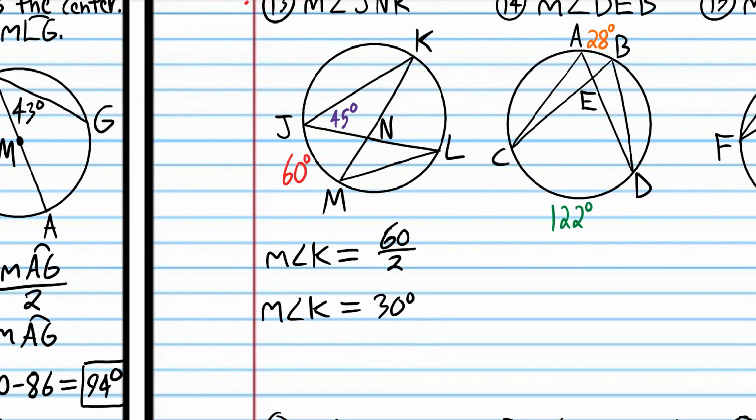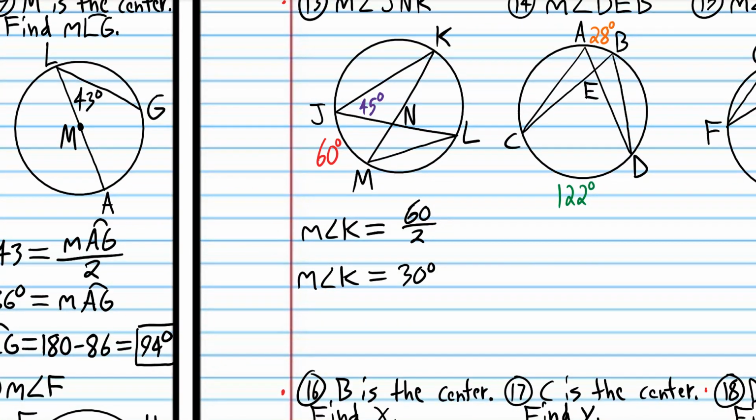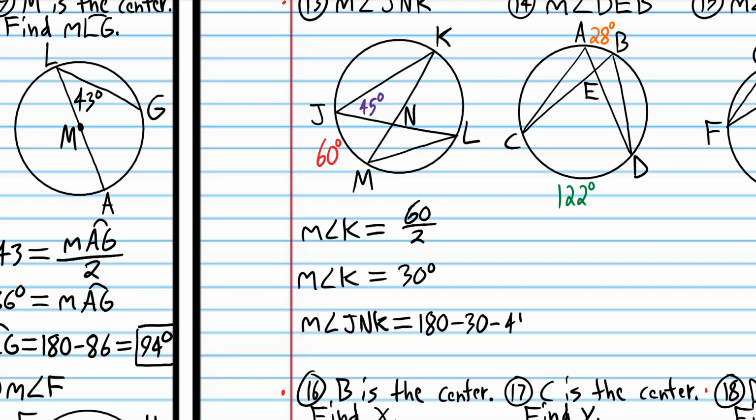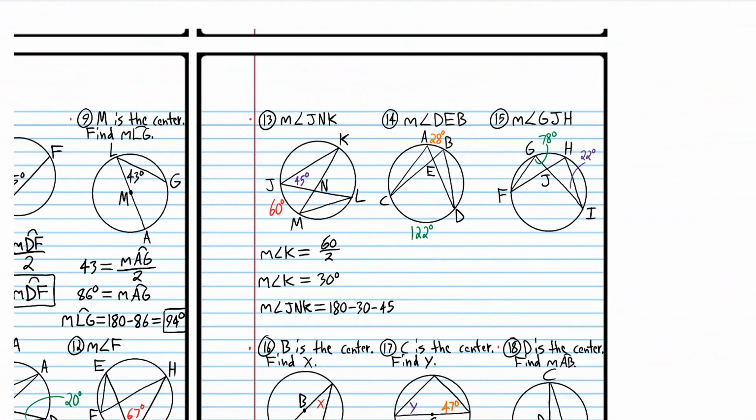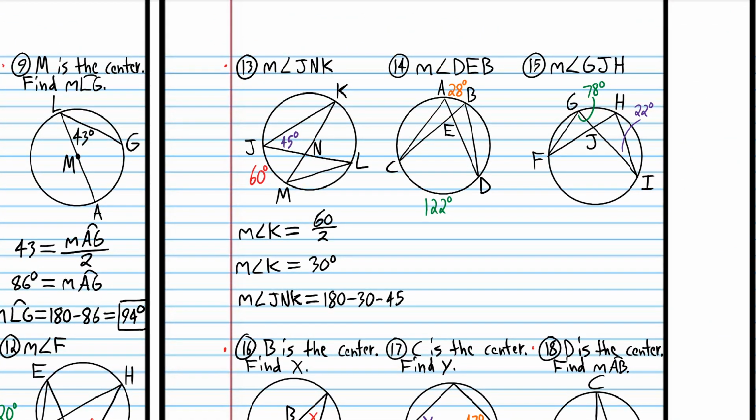So now we have this angle is 30 degrees. So because we have that angle, we can now use the triangle sum theorem. So the measure of angle J and K is equal to 180 minus 30 degrees minus 45. And whatever that ends up being, that is our answer.